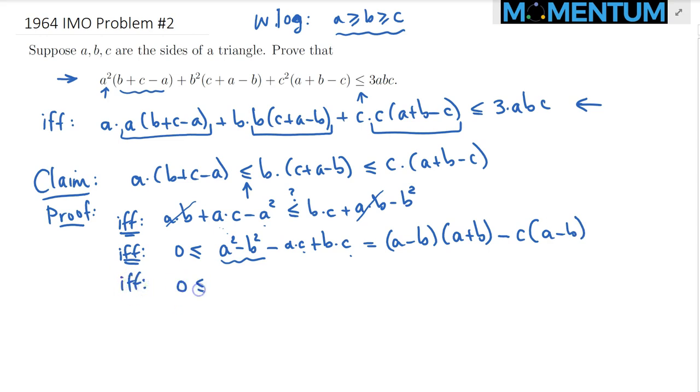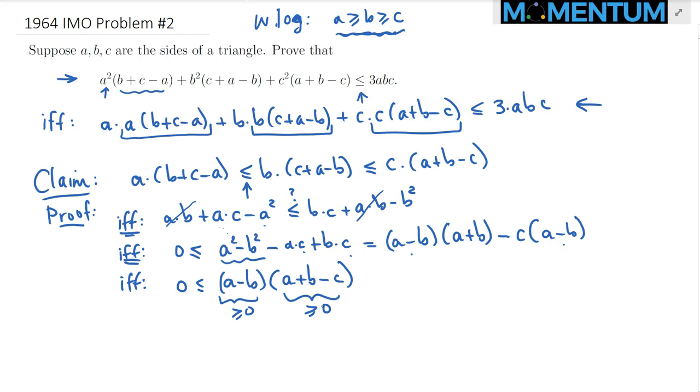And finally, another if and only if statement. 0 is less than or equal to, we further factor out the A minus B terms. We would get the following inequality that we need to prove. But this is obvious. The reason being that obviously this is greater than or equal to 0. Remember our initial assumption. And further, this is greater than or equal to 0.